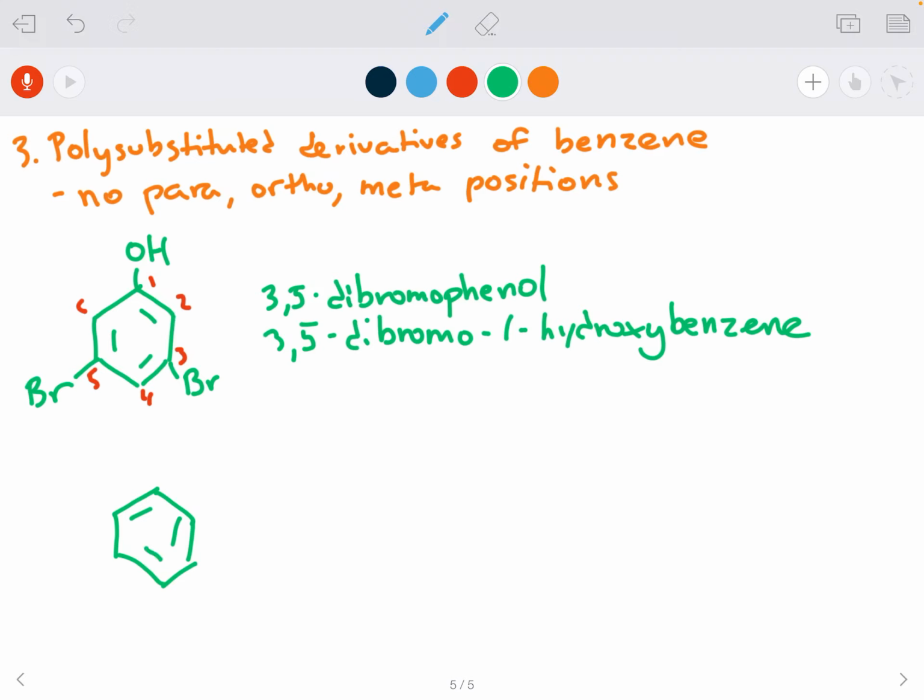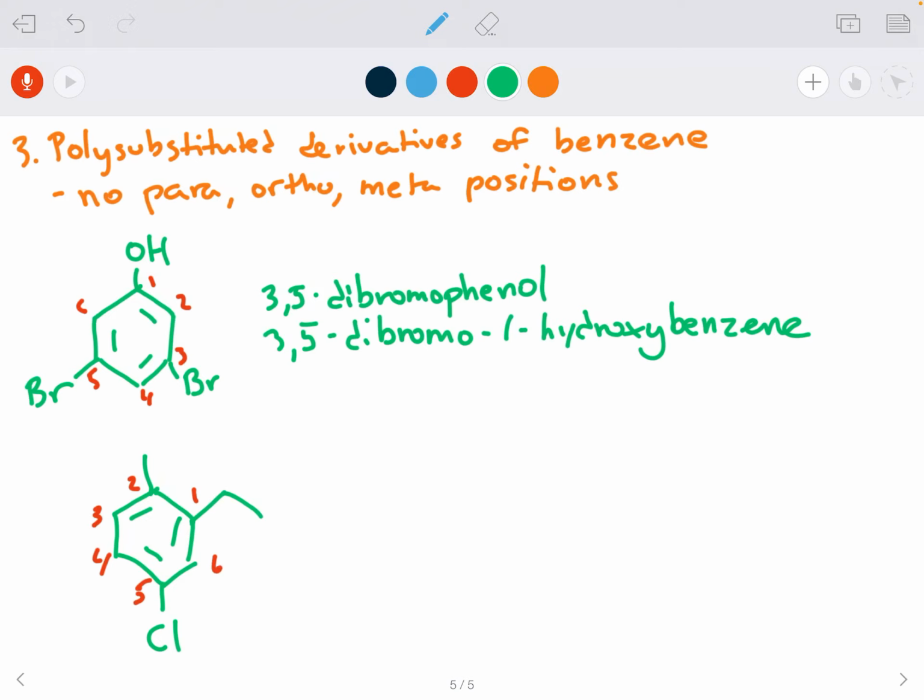So I have a methyl and an ethyl group, and then a third group of chlorine down here. When I name this in priority, this would be 1, 2, 3, 4, 5, and 6.